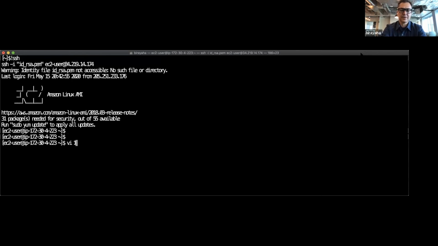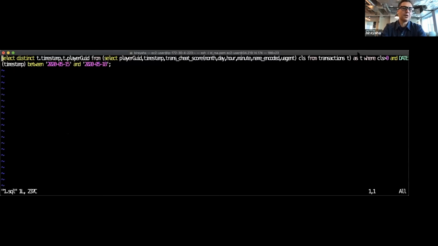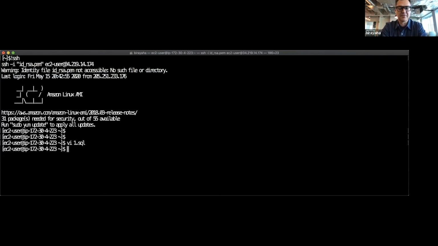The first query I'm going to execute asks: can you give me all the timestamps and the player GUIDs that are suspicious? I'm going to call the transaction cheat score and query the materialized view that I created just an hour ago, between the time that I specified.